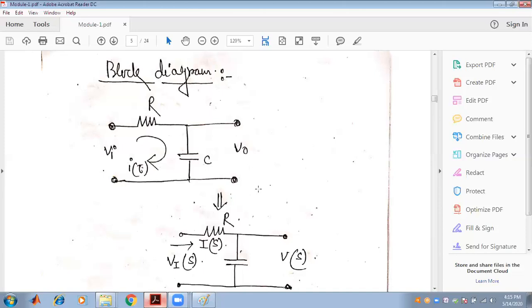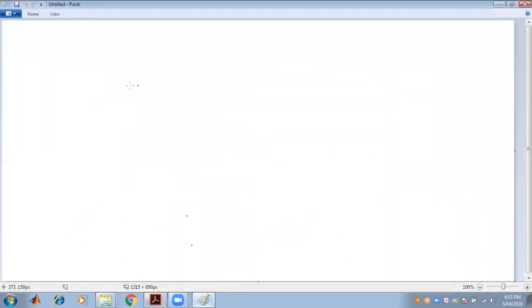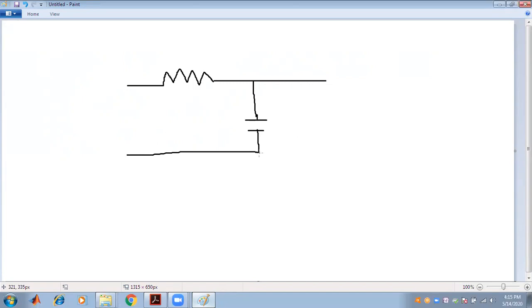So now we will find the transfer function of an electric circuit. So let us take an electric circuit. A resistance R, capacitor C, and we are taking the output across the capacitor.